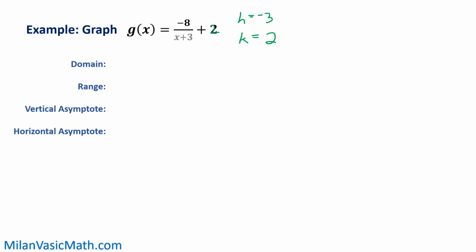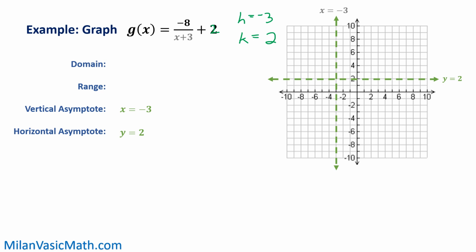All right, so therefore the vertical asymptote would be x equals h, so x equals -3, and the horizontal asymptote is y equals 2. All right. Here those are graphed, and I will just label the x and the y axis.